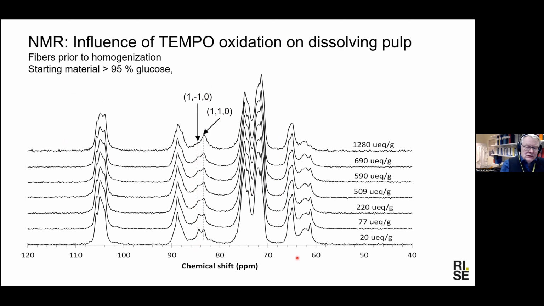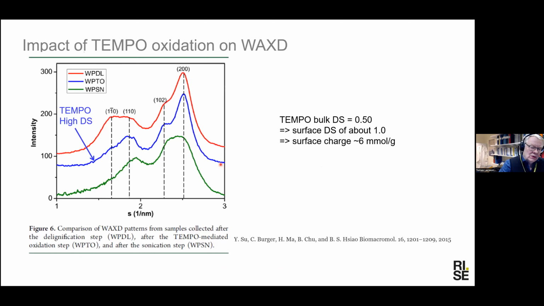And this was for TEMPO oxidation, and there was a group later on that made the same kind of measurement with XRD. I showed you this before, just to show that changes in supramolecular structure are not only something NMR can see. They also noticed that if you go to a high degree of substitution with TEMPO, it's the 1-10 signal that suffers.